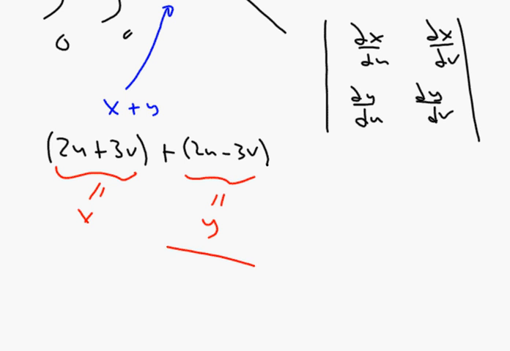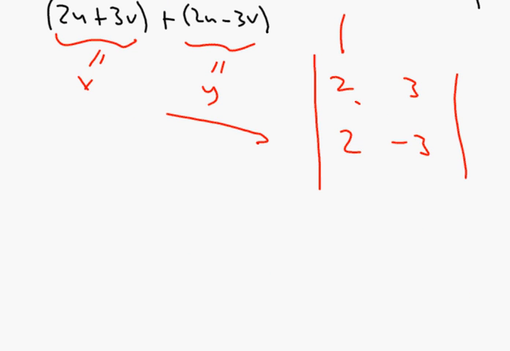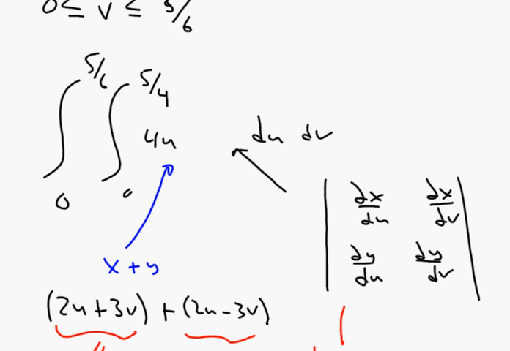So we'll apply those together and get our Jacobian. Partial x, partial u is 2, and partial x, partial v is 3. Partial y, partial u is 2 again, and partial y, partial v is negative 3. So we do our determinant here. We get negative 6 minus 6, or negative 12. Take the absolute value, that becomes 12. That's the value of our Jacobian, and that is our correction factor. We'll put that in here, and now we're all set to go.